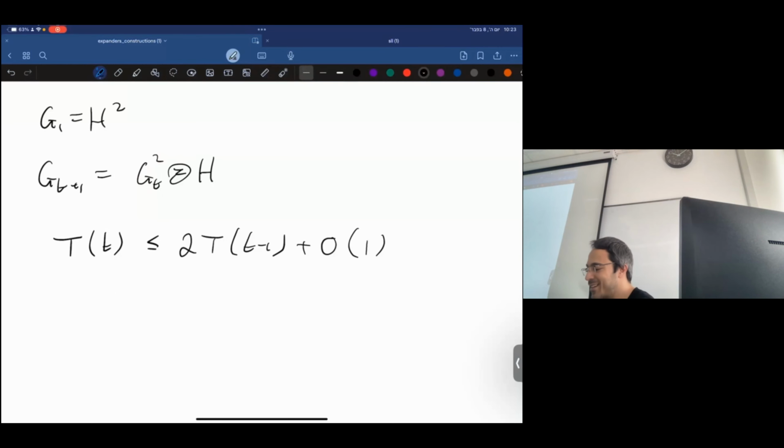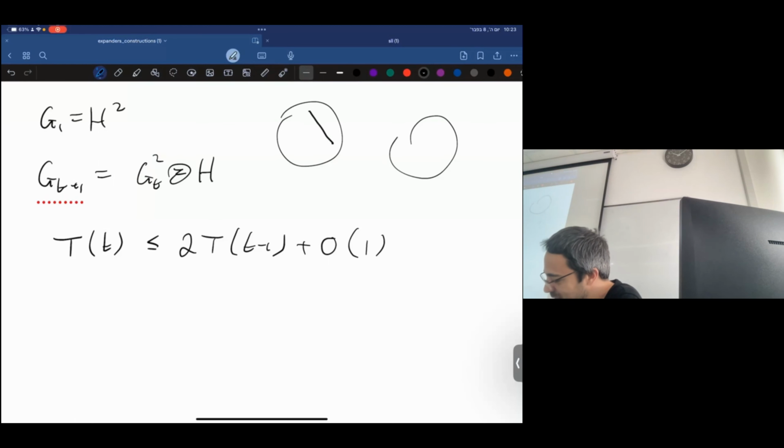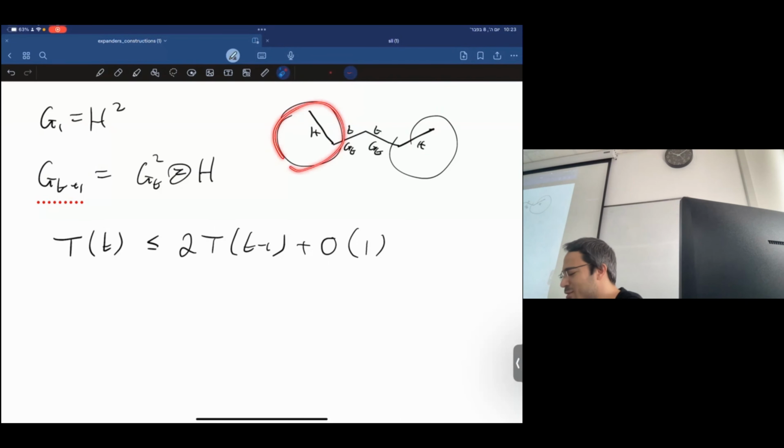The zigzag, if you actually draw this, then you take a step in H, then you take a step in G_t squared. So 2 steps in G_t, and then you take another step in H. This is H, this is G_t, this is G_t, this is H. So this is the bulk of the time, really. These are constant time steps, if you do it properly. If not, it depends also on the graph size here.